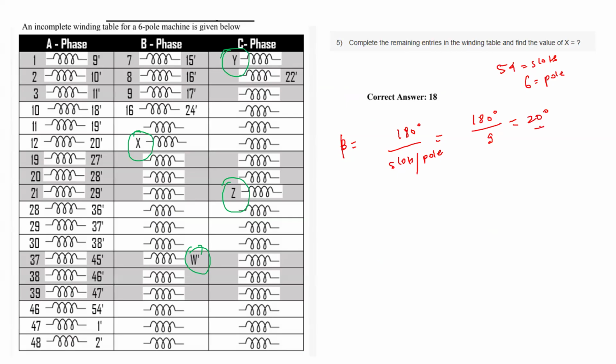So beta is 20 degree. Now let us first see x, because this question is asking you to fill in x. We know that the gap from 1 to 9 dash is the coil span.